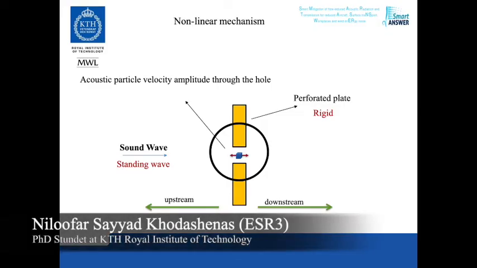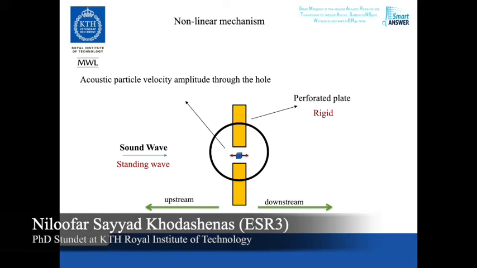Let's take a moment and see how we see the nonlinearity in the perforated plate. In order to understand the nonlinear mechanism, first we need to step back and see what happened in a linear regime. Imagine this yellow part or perforated plate, which are rigid. A gap between them is perforation.